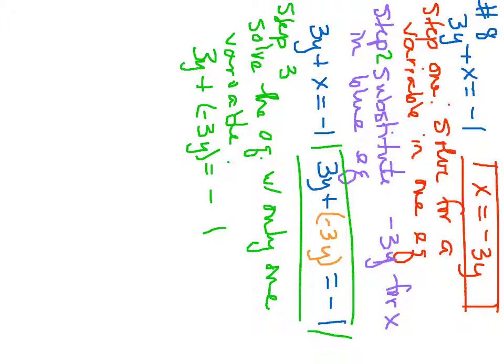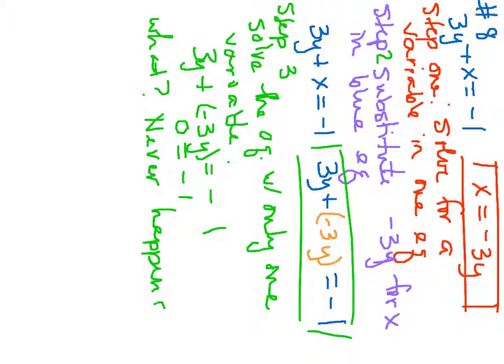Well, that gives us 0 is equal to negative 1. And we say to ourselves, what? Just like that. And the answer is this never happens. So there's no solution.